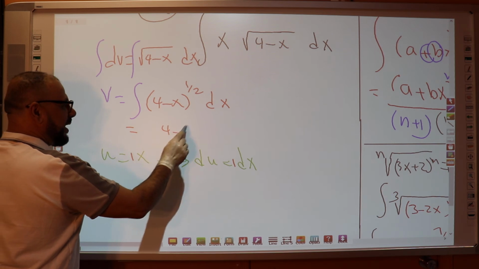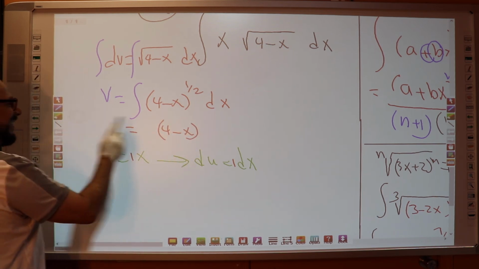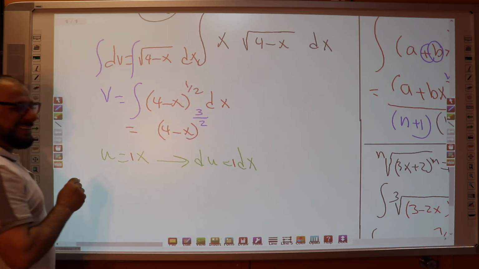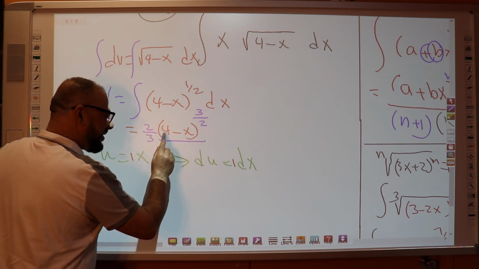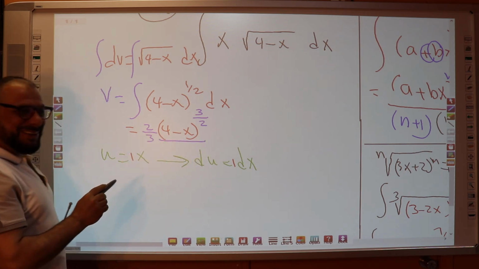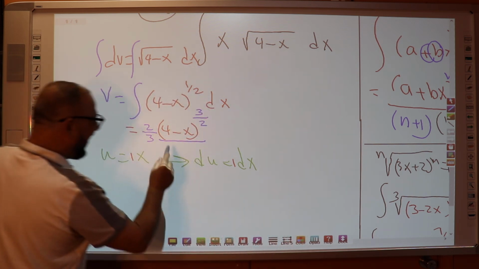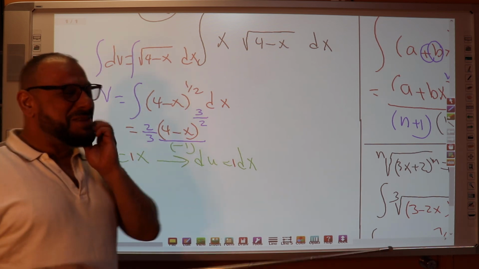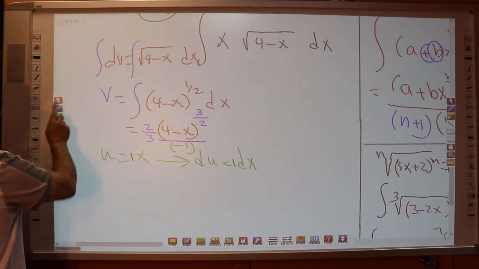And this one, we just did it. 3/2, 4 minus x. Now you will see the negative. 1 plus 1/2 gives 3/2, so 2/3. What do you miss? The derivative of this guy, which is negative 1. He solved the problem too many times, but he forgot to divide by it. Let me just move this guy here.